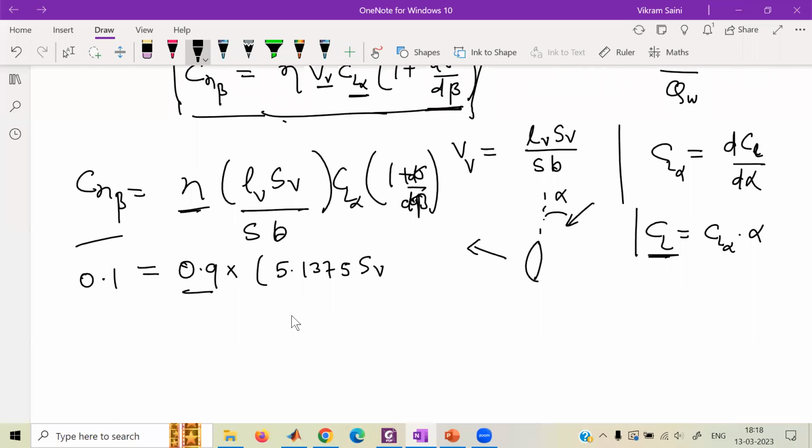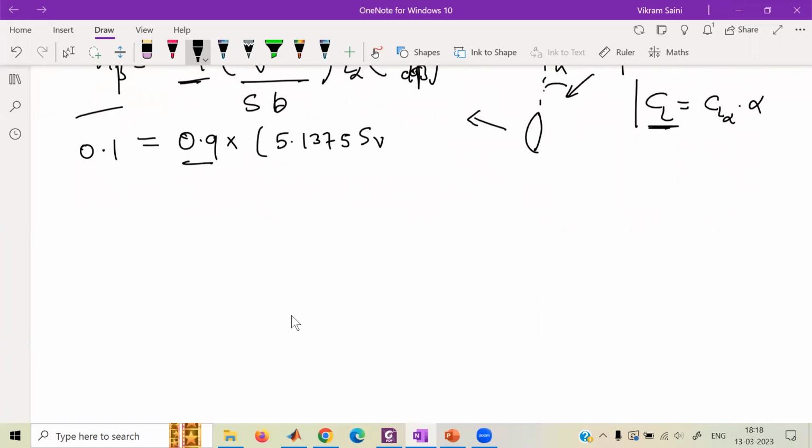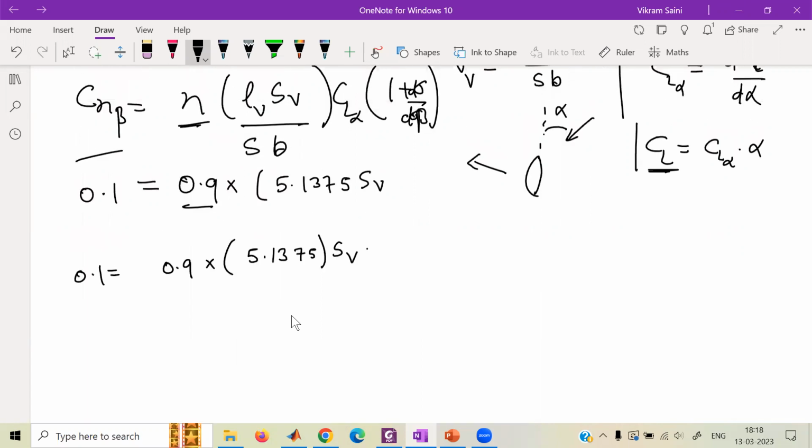I'll write it a little bit more neatly. That would be better. 90% efficiency. LV is chosen as 5.1375 times SV times CL alpha. So what is the number that we take for CL alpha?